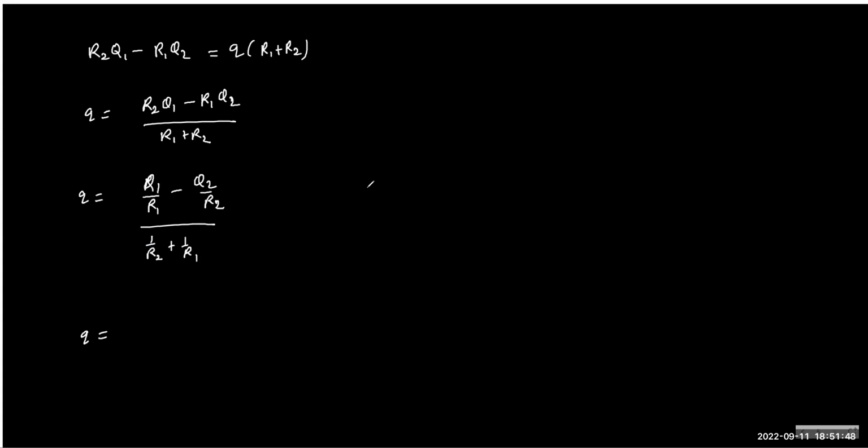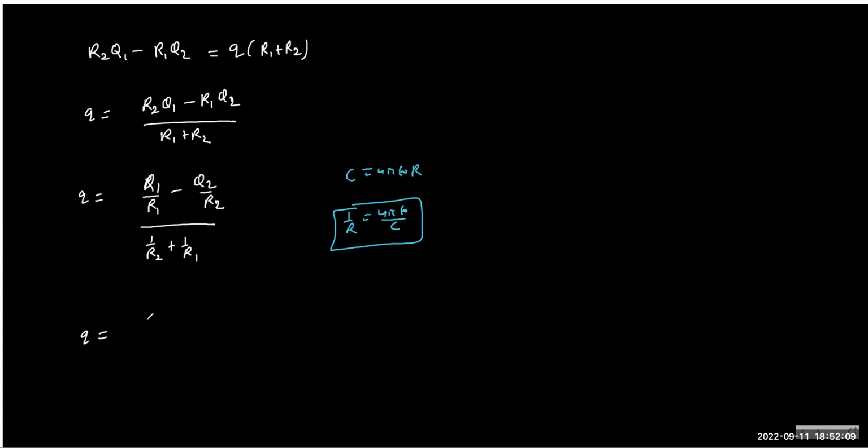Or we can write like this, because C is 4 pi epsilon naught R, so 1 by R is 4 pi epsilon naught by C. This is also an easy way to substitute.